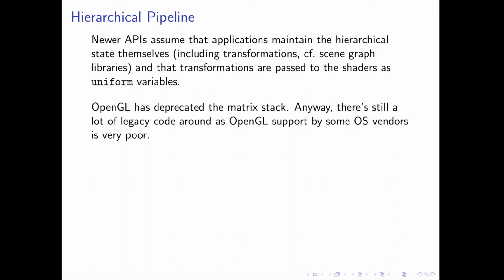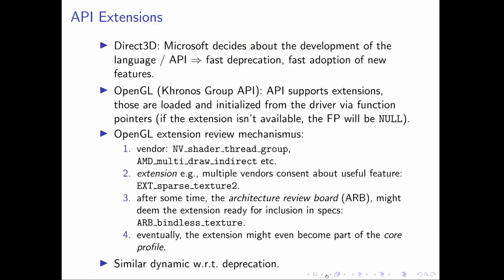And all those features are still supported by the OSs. Presumably, that has to do with a relatively slow extension mechanism that OpenGL employs, which also includes a relatively slow deprecation mechanism. When we compare that, for instance, to the Direct3D and DirectX API by Microsoft, we see that Microsoft pretty much controls everything, and decides, for instance, that an API is deprecated and then completely redesigns it from the ground up.